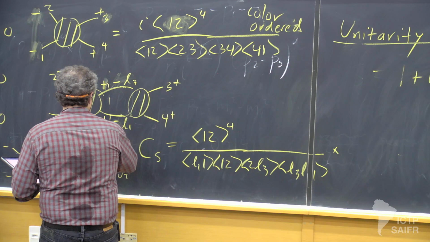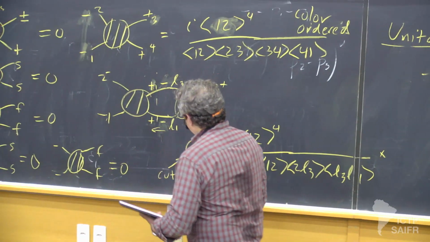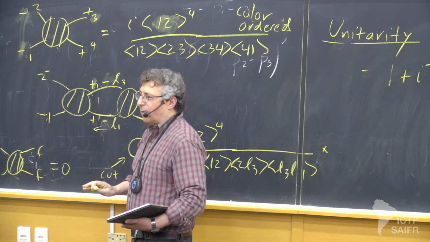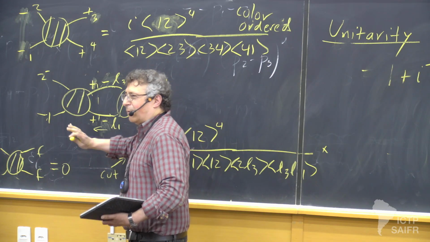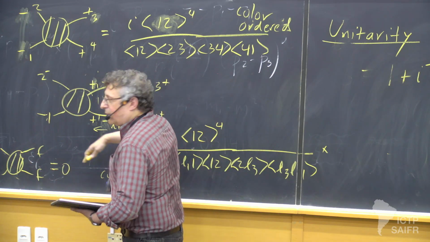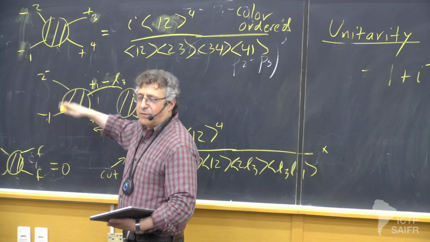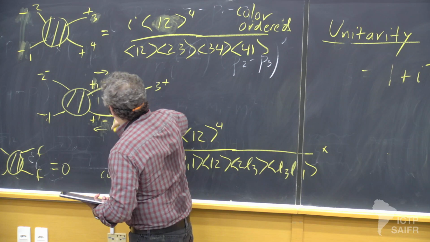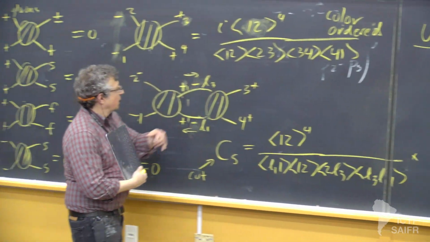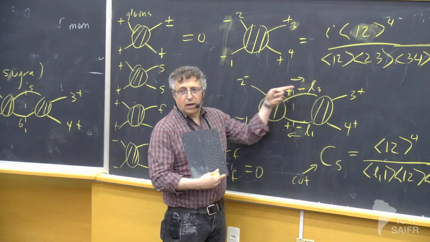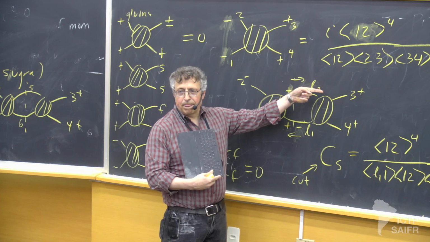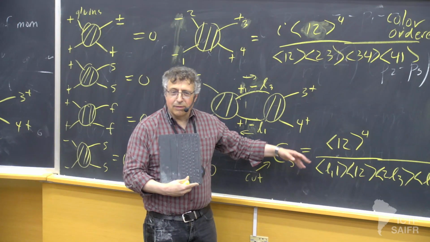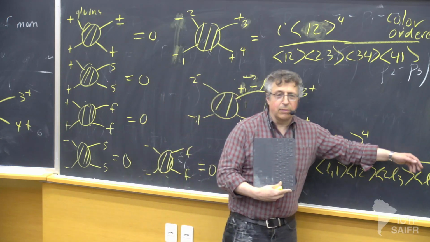Well, I'm going to be a little sloppy, and I'll quote Yaroslav. The minus signs disappear. They all cancel out, so you don't have to worry about them. So you have to worry about the direction. So you see, if this momentum is incoming, it's minus L3. Right, so you should really track it. So if you're an honest person. I'm a dishonest person, I'll just ignore the minus signs.